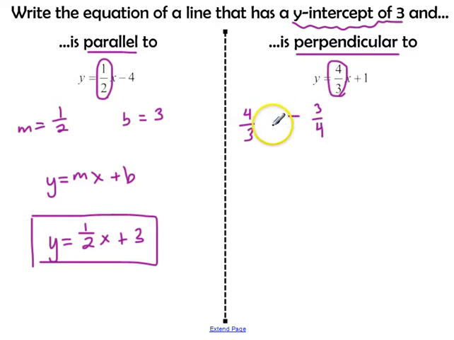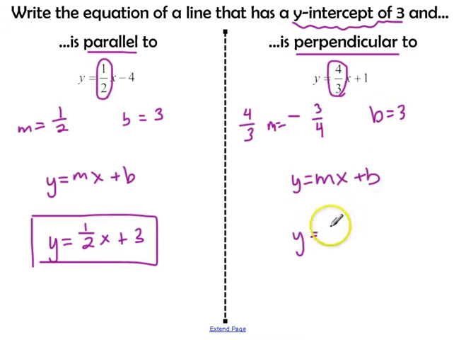So this is going to be our new slope. And then again, we have a y-intercept of positive 3. So again, with slope and y-intercept, the easiest form to write it in is slope-intercept form. So we substitute in our values. Our slope is going to be negative 3 over 4, x plus 3 for the y-intercept.